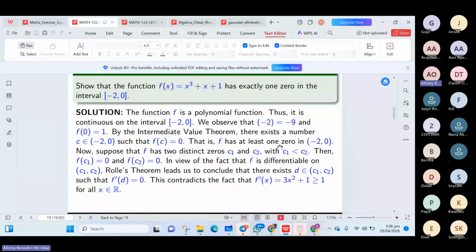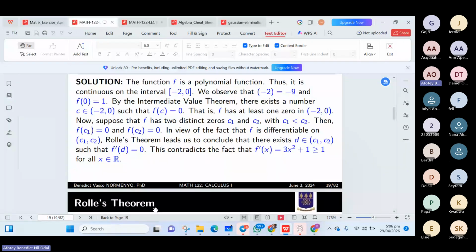Now, suppose that f has two distinct roots, c1 and c2, and c1 is greater than c2. Then f of c1 is equal to 0 and f of c2 is equal to 0. In view of the fact that f is differentiable on this interval, Rolle's theorem leads us to conclude that there exists, or this doesn't make sense to me.